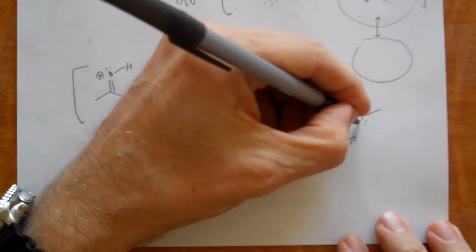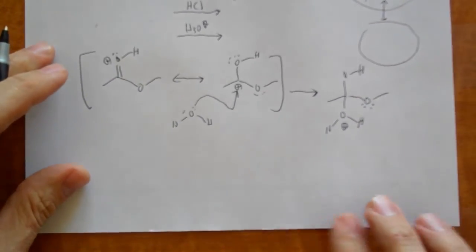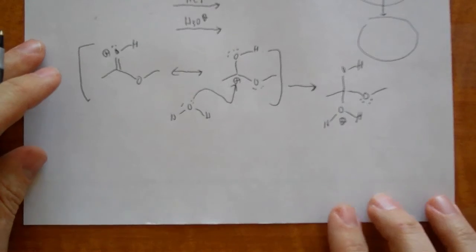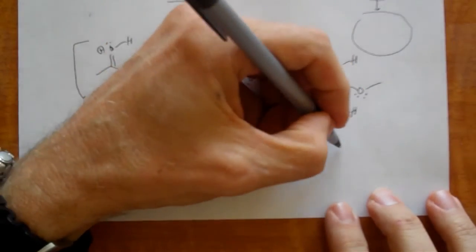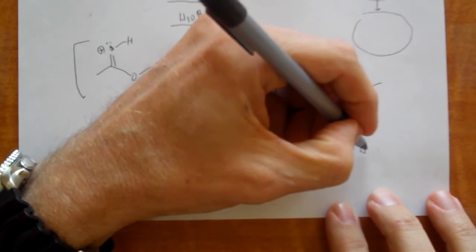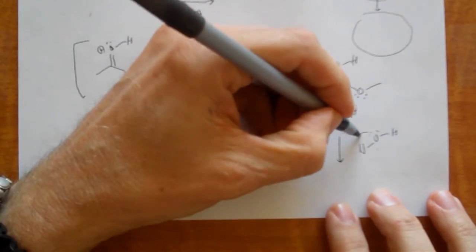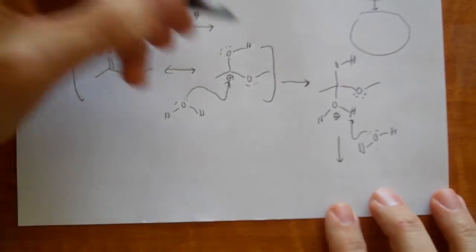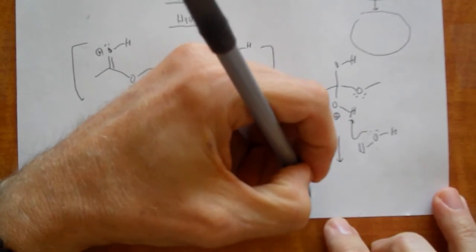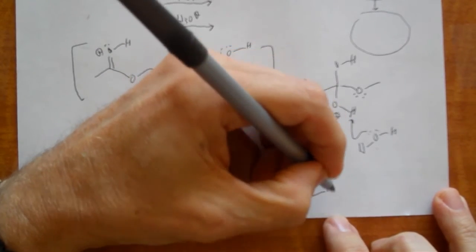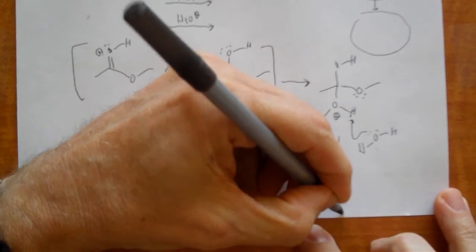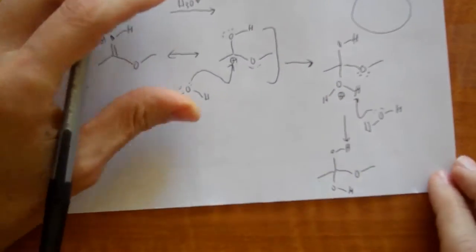I see students do a couple different things here, which end up being equivalent. But one thing to do is to say, we've got another water molecule in solution, which comes up and deprotonates this, which is going to give that.